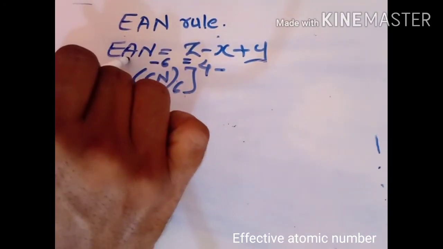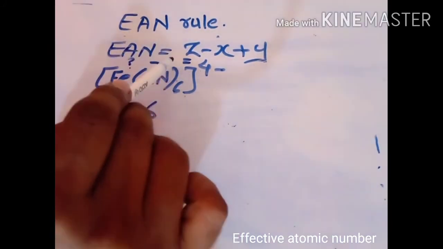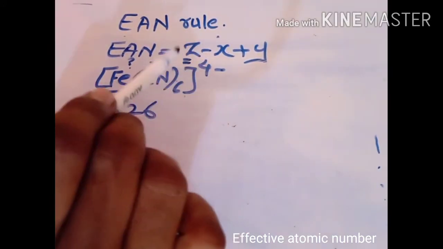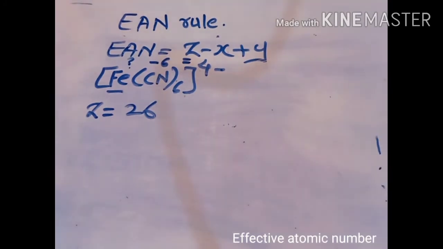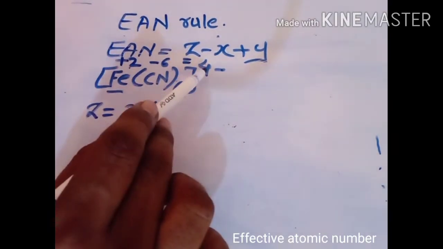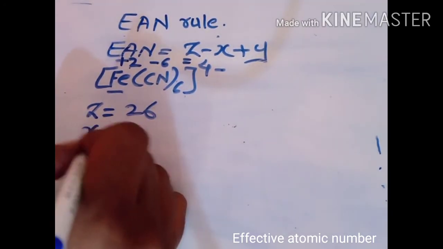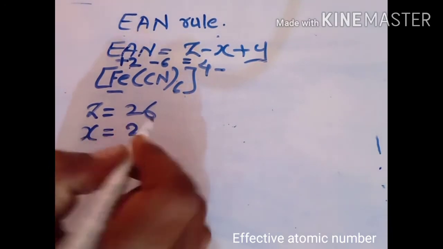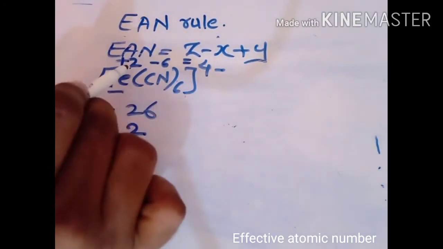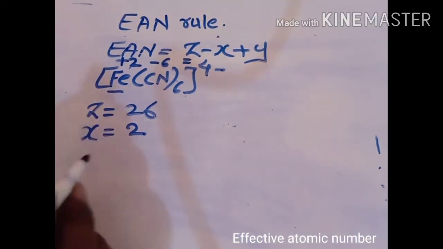So you have to put a value here which gives the net charge of -4. So we can write +2, because +2 minus 6 is equal to -4. That's why its oxidation state is +2. Now the value of X will be 2, because it is losing 2 electrons in this complex. Oxidation state means the number of electrons lost by the central metal ion.